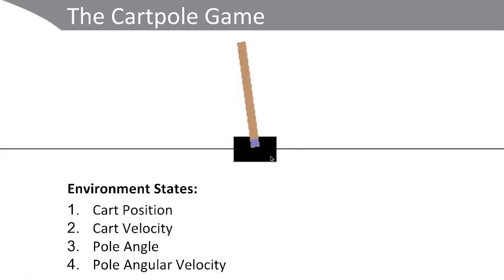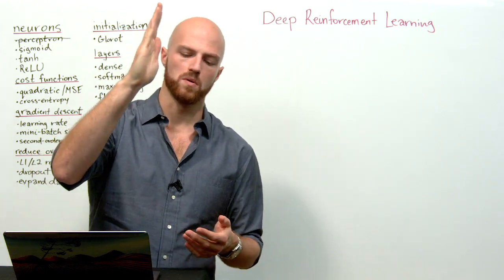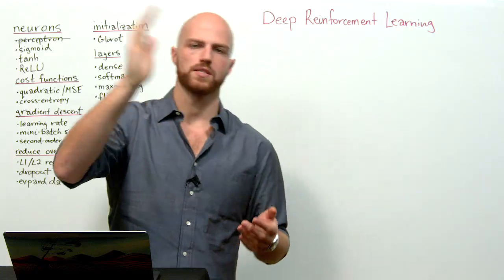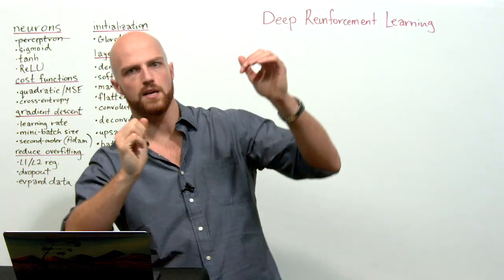What's its velocity? So how quickly is the cart moving, left or right? What is the angle of the pole? And what is the angular velocity of the pole? So the more that the pole starts to develop an angle or angular velocity, the more likely it is that you'll lose the game, and the harder it is for the cart to stay under it.